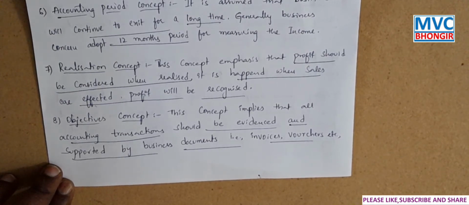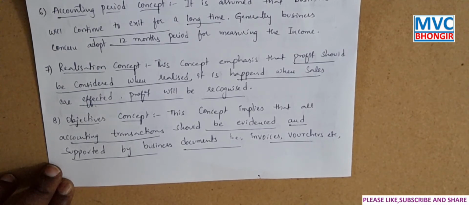The evidence for the business transaction should be objective, that is, free from the bias of the accountant or others. These supporting documents form the basis for recording entries and also for audit.